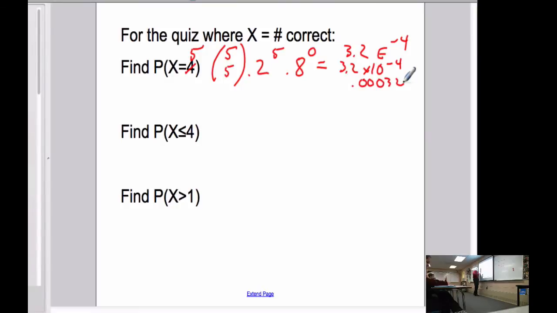So what happens in this situation is I would do 5, choose 4. How many times did he succeed? What's the probability of success? 0.2. How many times did he succeed? 4. Then he failed. How many times? Once. Is that the only option?